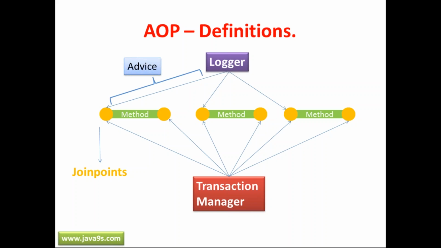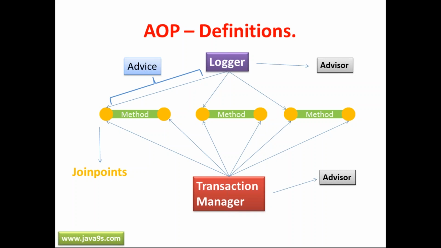And advices have again been given different classifications, different categories, right? Both the logger and transaction manager are called aspects, and you can also call them advisors. An advisor is going to give you the advice for the methods, right?